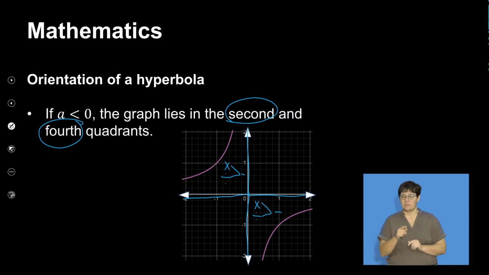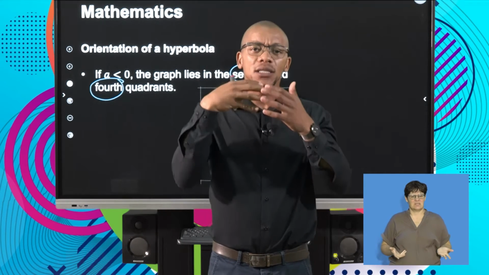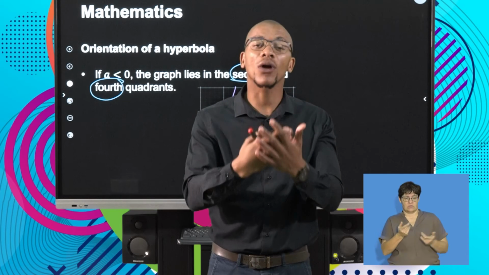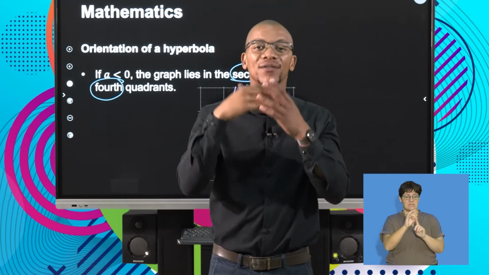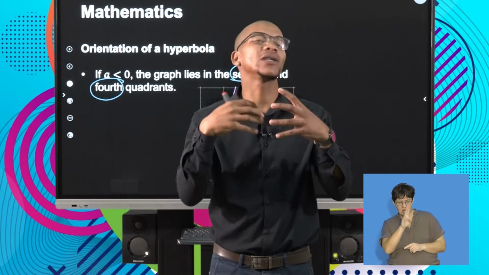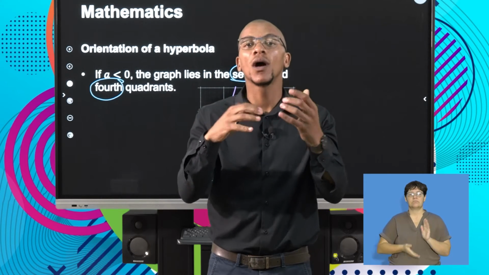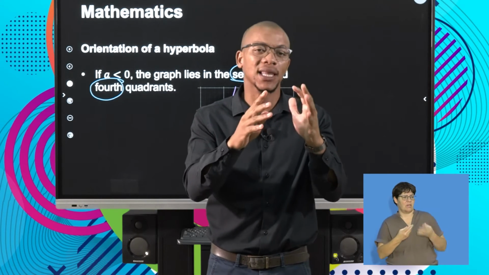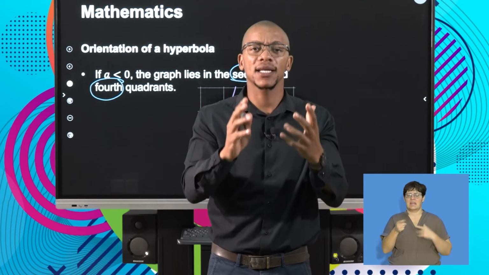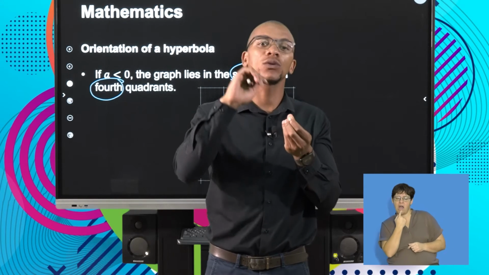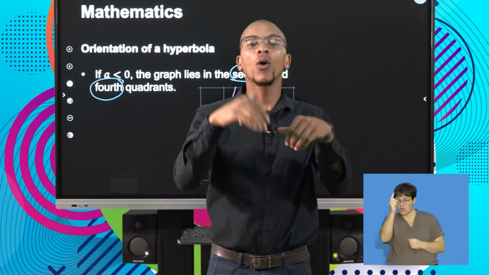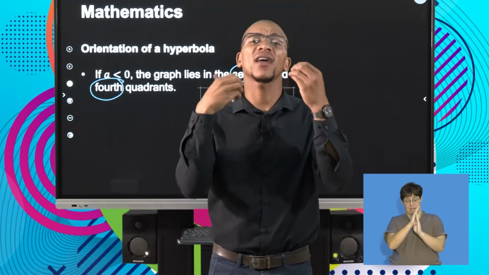Now, someone might ask, why is this important? It is important because just as I give you the equation and I want you to sketch a specific graph for me, you can already have an idea of where it is going to be placed without finding the table of values first or the intercepts or anything like that. Already you'll have an idea that my two arms need to either be on the first and the third if a is positive, or the second and the fourth if a is negative.